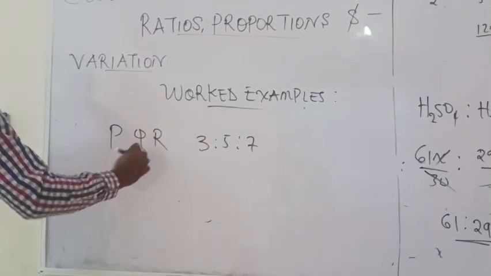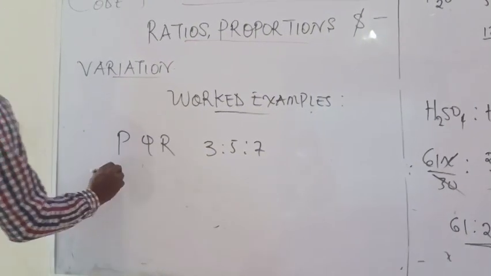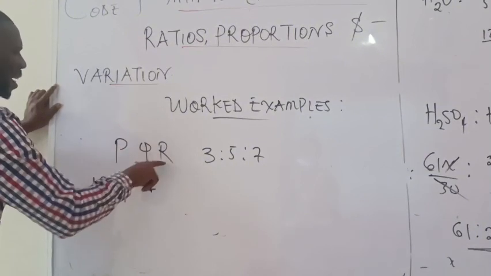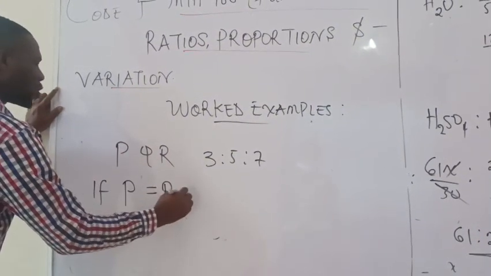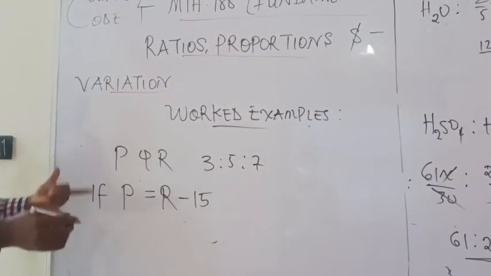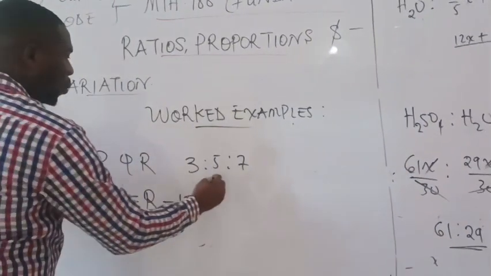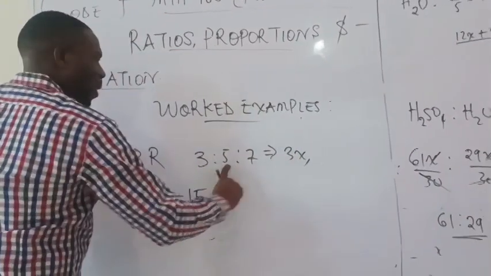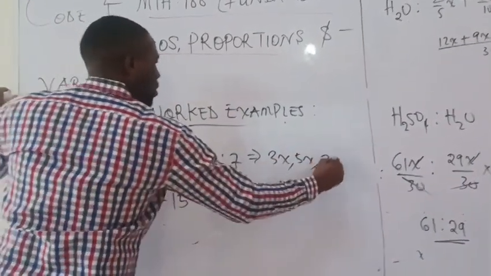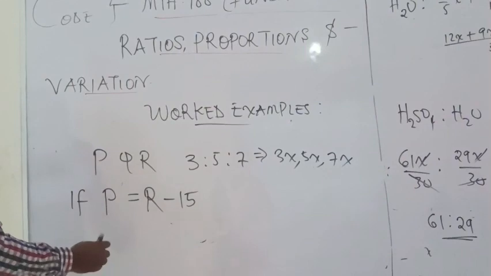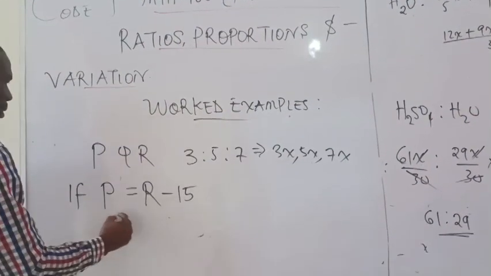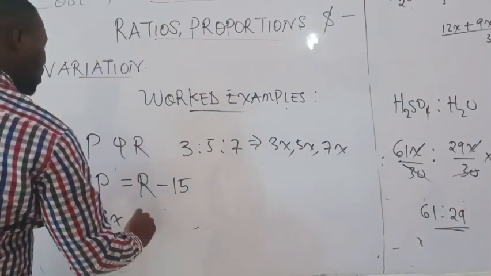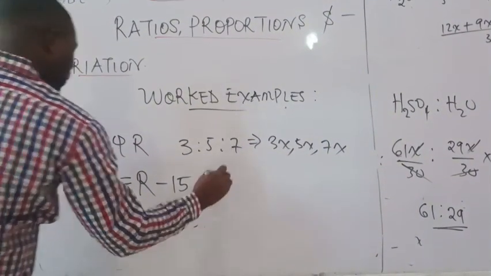Now, if person P's mark is 15 less than person Q's mark, so it is person Q's mark minus 15. And of course, the number of marks we don't know, so I could just relate this to be 3x, 5x, and of course 7x. Let's assume that number of marks. So P would be 3x. 3x is equal to R, the last, that's 7x minus 15.